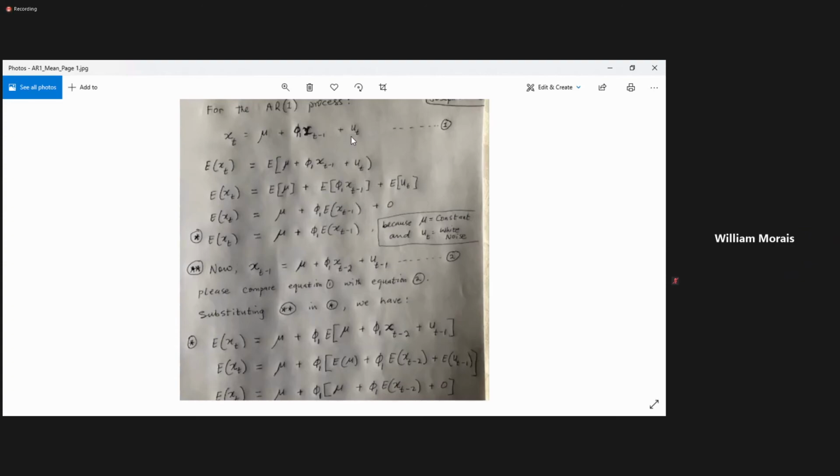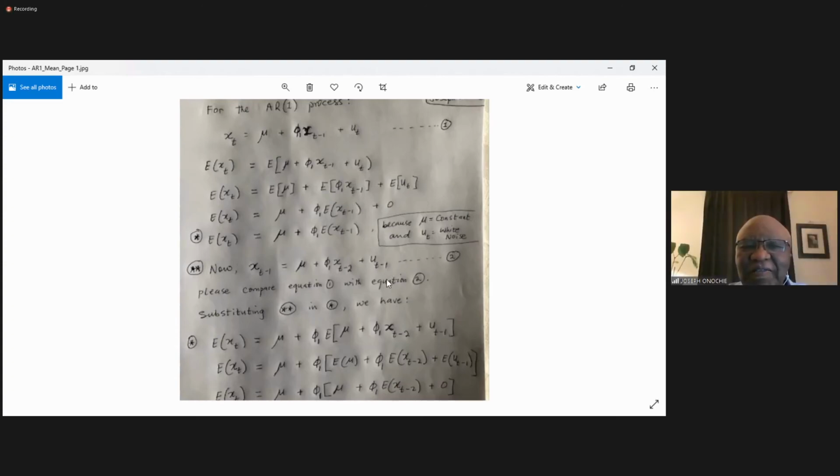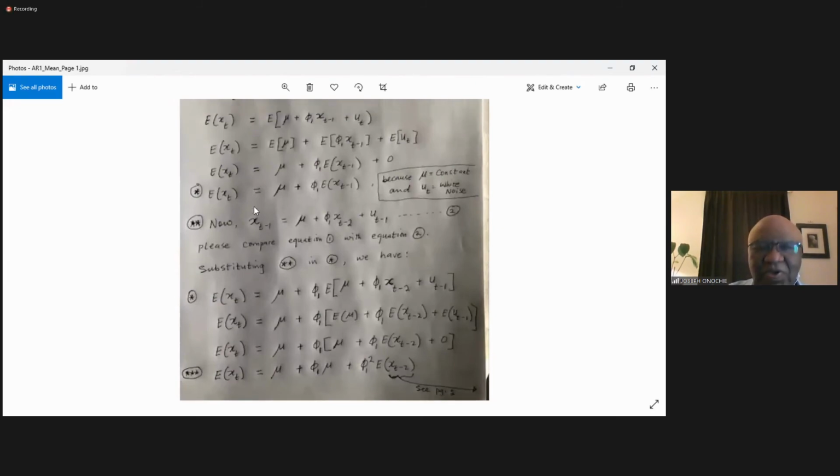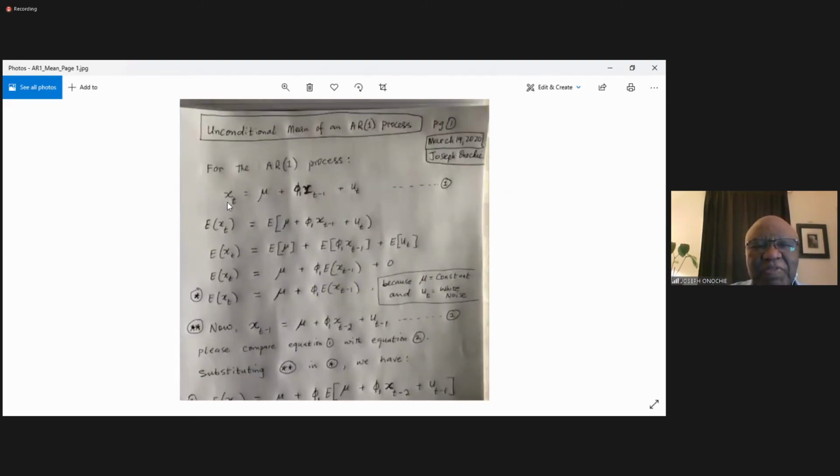Plus white noise the previous day. Look at this equation and convince yourself. All you need to do is compare it with this one. XT is this. That means this XT and UT, the error, have the same time period.